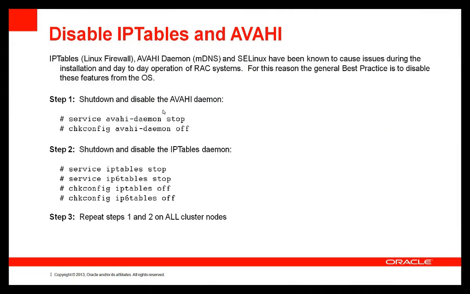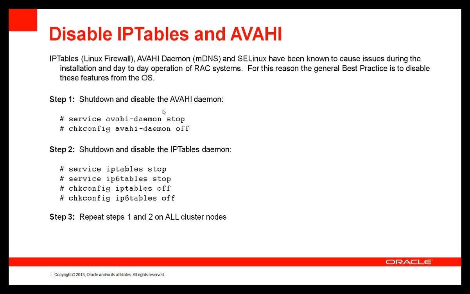The next step in our OS configuration is to disable iptables and the Avahi daemon, both of which are known to cause issues with RAC installation. So the Linux firewall, obviously we depend heavily on the private network, and we use various ports on that private network, so the Linux firewall tends to cause communication issues.